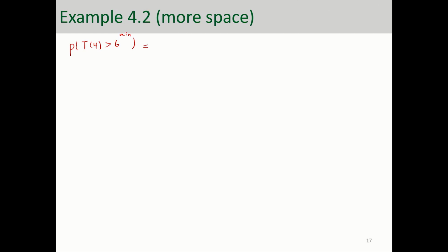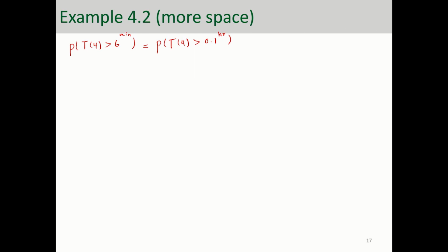And again, we'll have to change minutes to hours because lambda is in terms of hours, or change your lambda to minutes, whichever way. Probability of T4, and 6 minutes is 0.1 hours, right? So 0.1 hour.